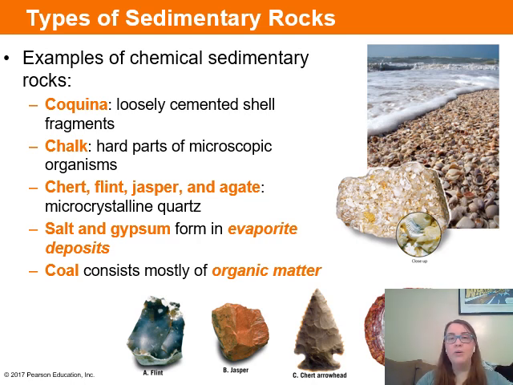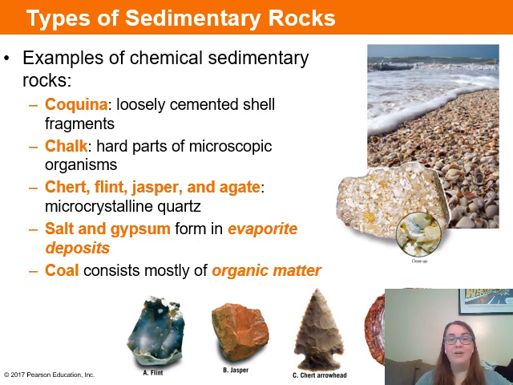So if you were to look closely at coquina, you would be able to see individual, very small broken pieces of shells that have all been glued together as a solid sedimentary rock. We also just talked about chalk, which is another biochemical rock. Here, it's not seashells that are being grown, but instead it's those microscopic algae that are growing, dying, and then settling out towards the bottom of a lake or an ocean.